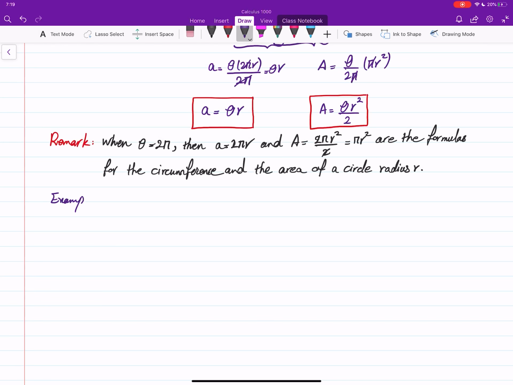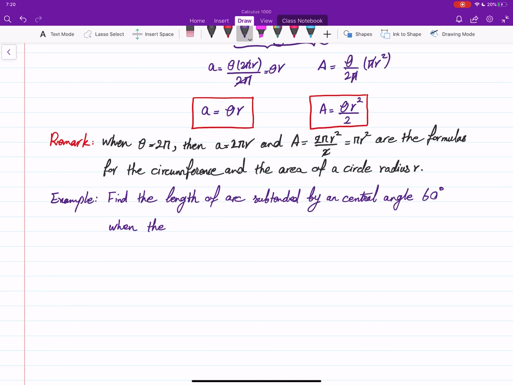Example: find the length of arc subtended by an angle of 60 degrees when the radius of the circle is 4.